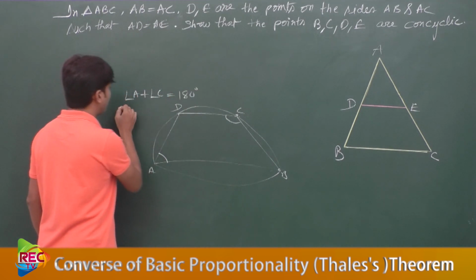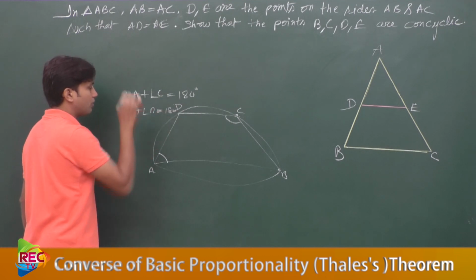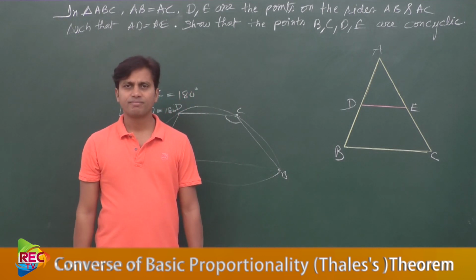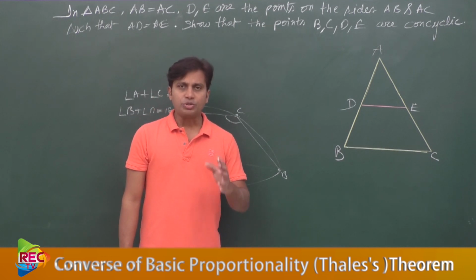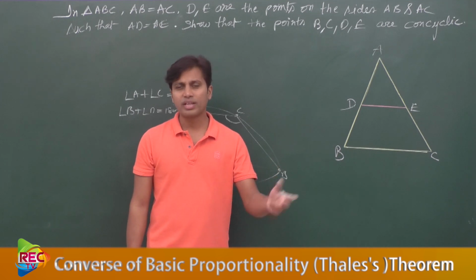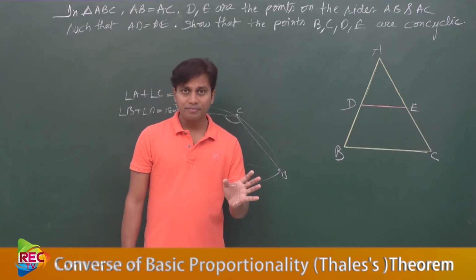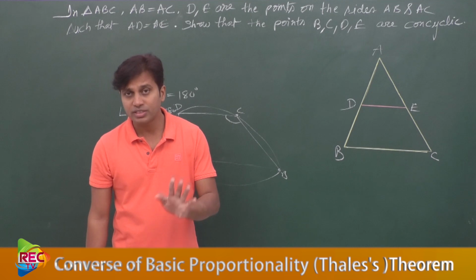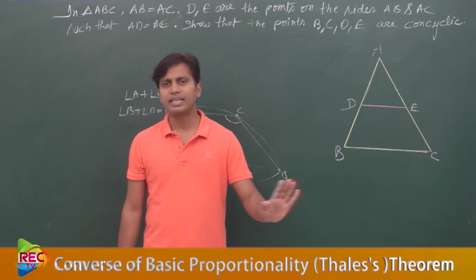And here also if angle B plus angle D equal to 180 degrees, then it is known as a cyclic quadrilateral. So once again, a normal quadrilateral is cyclic if opposite angles are supplementary, that means the sum of the opposite angles is 180 degrees. Simply, that is the answer.